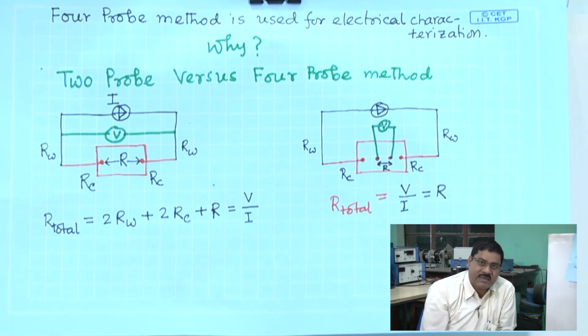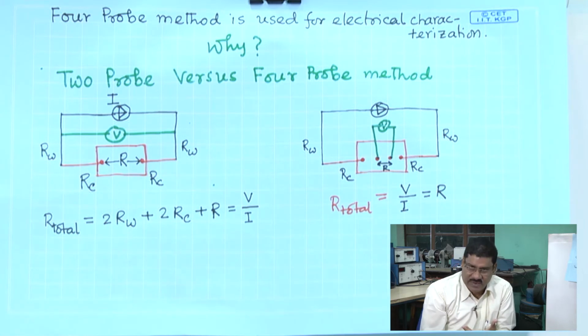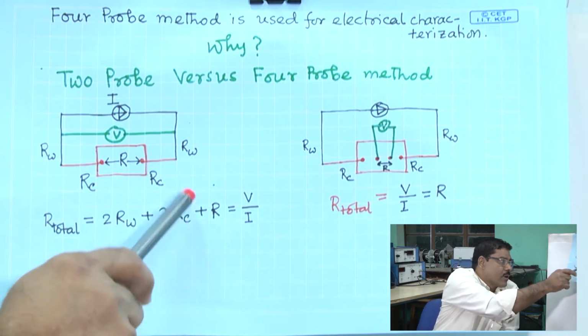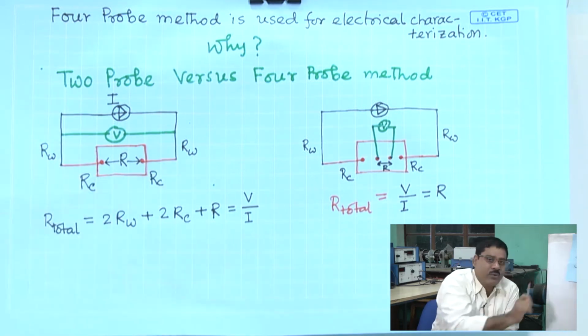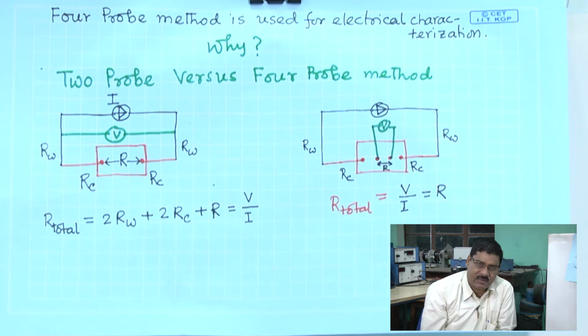But if the sample resistance is not very high, such as a metal or an N-type semiconductor we use in a laboratory, their resistance is not very high. In that case the contact resistance and wire resistance may be comparable to the sample resistance, so we cannot use the two probe method.